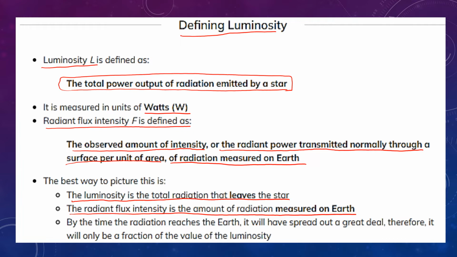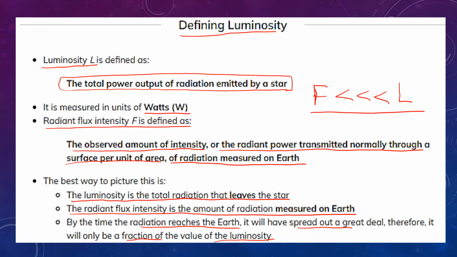By the time the radiation reaches Earth, the radiation keeps on spreading out in space. Therefore, only a very small fraction of the luminosity, or power, manages to reach Earth. That's why the radiant flux intensity is always very much smaller than the luminosity of the star.